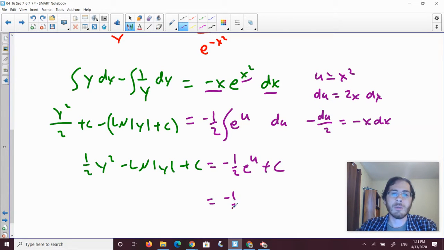So negative 1/2 e to the u, so e to the x squared. Well, negative 1/2 of c is just going to be c. And I can even subtract this c and just lump them all into one giant c.